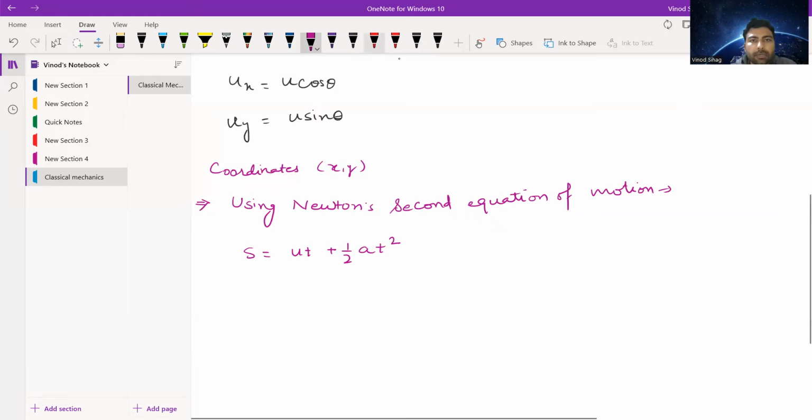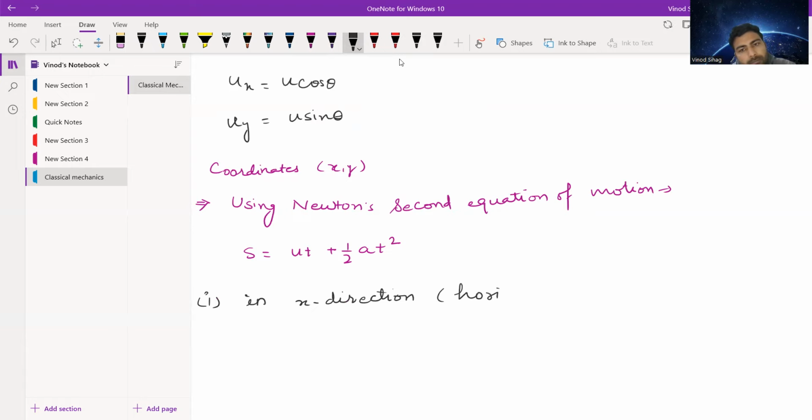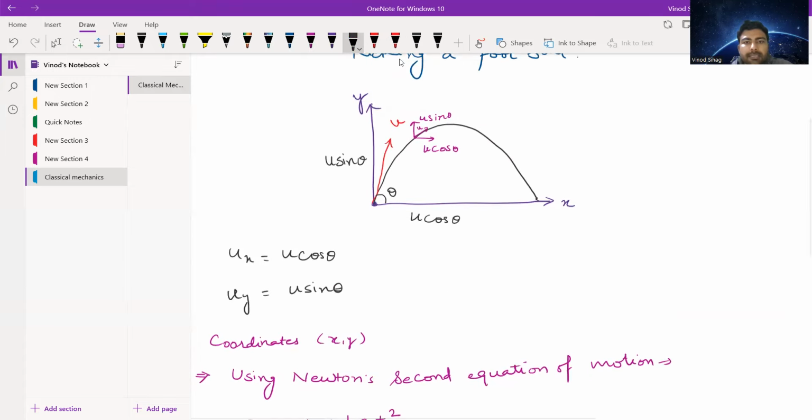Okay. Now we are going to see these equations in the x direction and y direction. So first of all, in the x direction, or we can say horizontal direction. Fine. In the horizontal direction, s will be equal to x, because s is the distance traveled. So the distance traveled in the x direction is x.